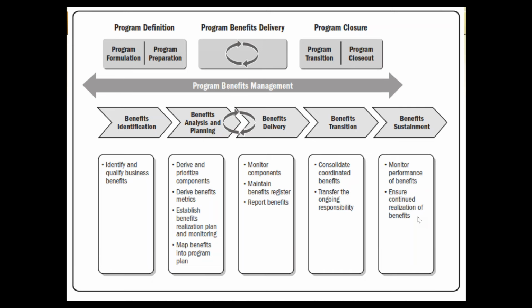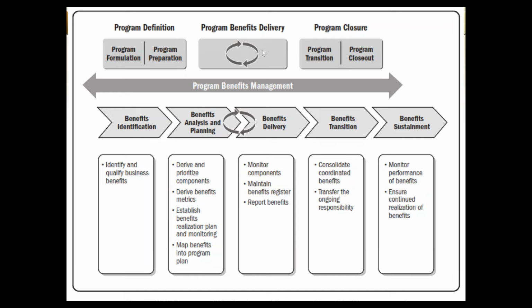On the other hand, if you look at the top, that shows you that program is defined in the beginning, and when the program definition is done, we formulate the program, and we prepare for the program, and those things happen in parallel with the benefit identification, and some part is in planning and analysis.